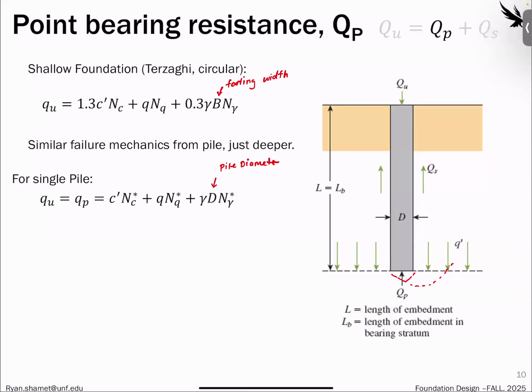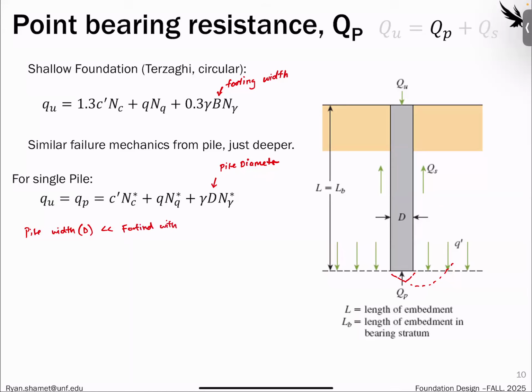Now, if these two terms are staying the same, and the unit weights are the same, and these factors are somewhat similar, we're assuming that this pile diameter, or pile width, is going to be much, much smaller than a typical footing contribution, right?